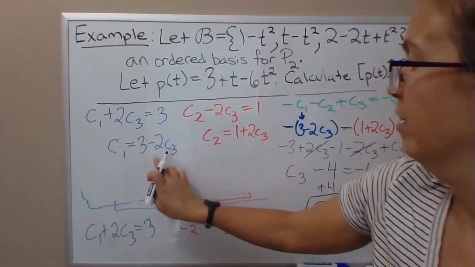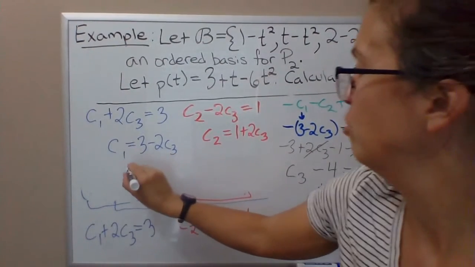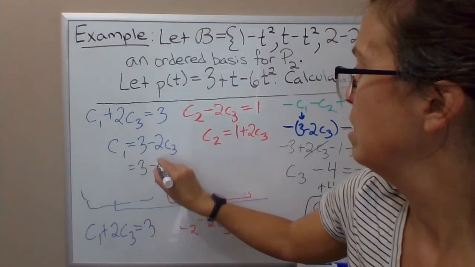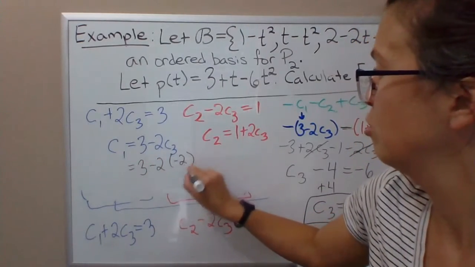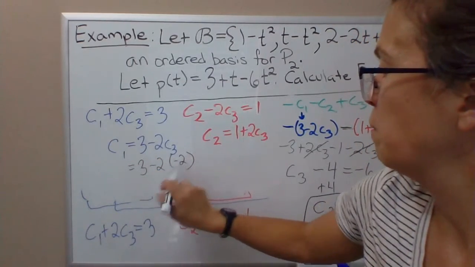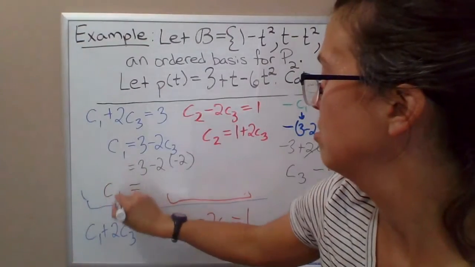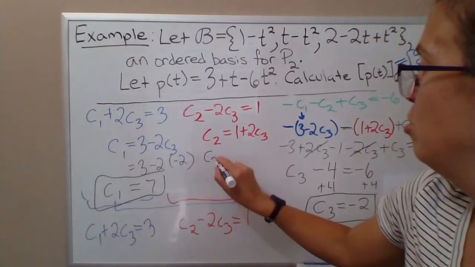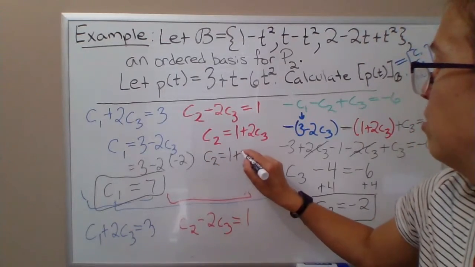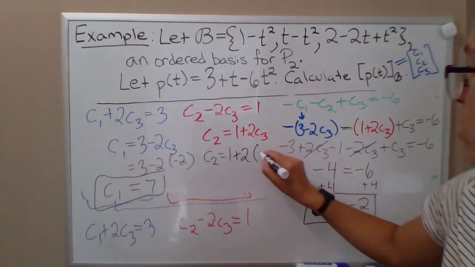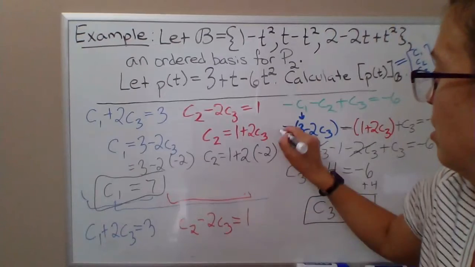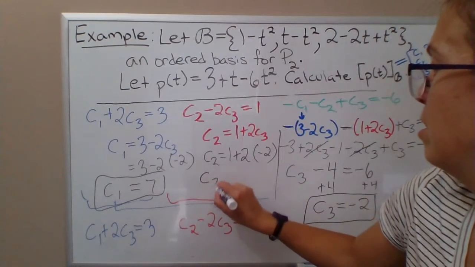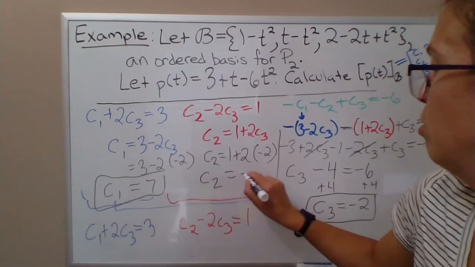If C3 is negative 2, then C1 is 3 minus 2 times negative 2, so that'll be 3 plus 4. That tells us that C1 is 7. And then C2 is 1 plus 2 times C3, which we know now is negative 2. So that'll be 1 minus 4, so negative 3.